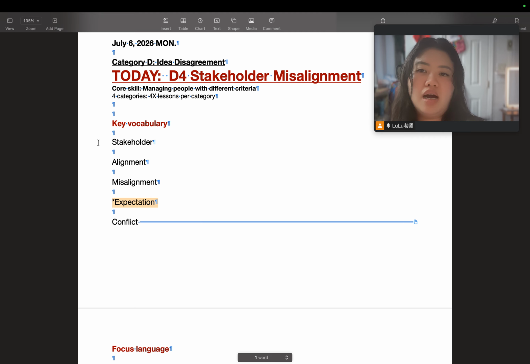Anyway, I believe that understanding the vocabulary is the foundation of understanding a lesson concept. So as always, we will begin with the vocabulary.